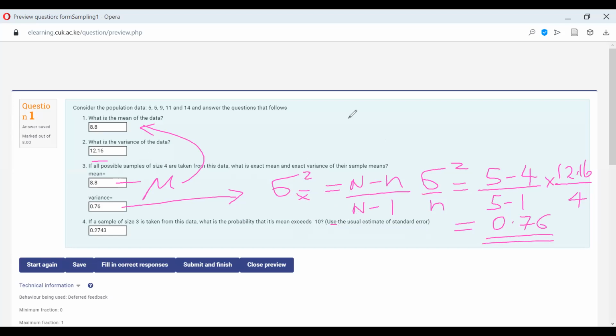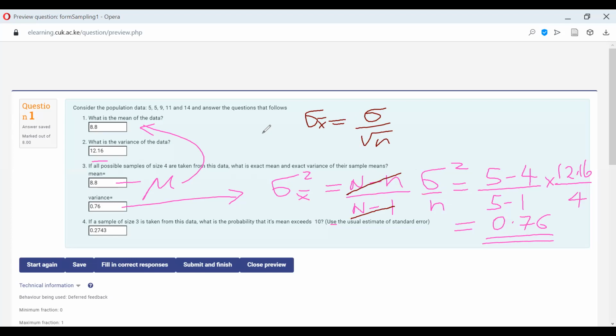What we are being told is that we ignore this, so that we just use sigma squared over n as the variance, and therefore the standard deviation will be sigma over root n. This is the standard deviation of x bar, where n is 3.